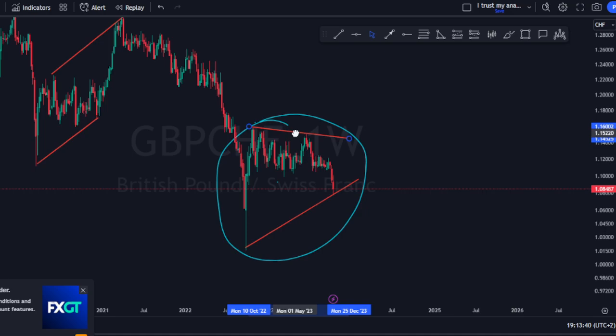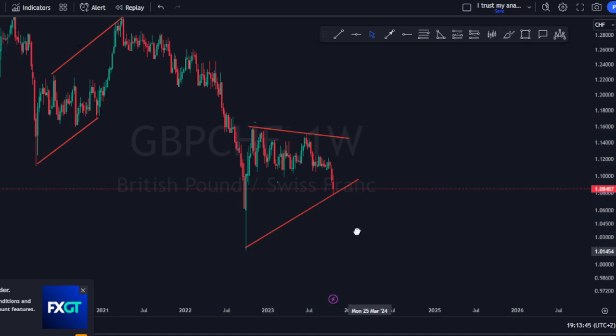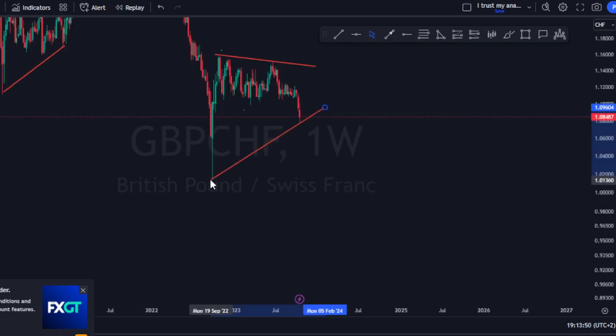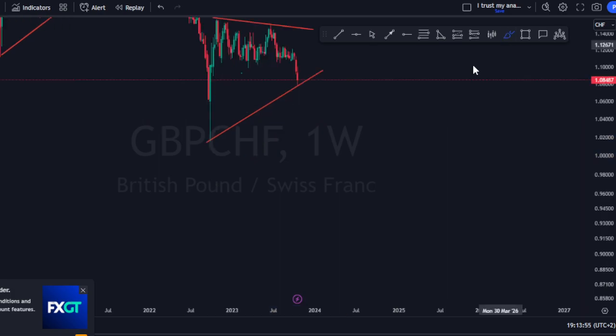So looking at this, we could say that we are waiting for a breakout, and once we do get that, this is what we can expect. And remember, ladies and gentlemen, the reason why I'm doing this on the daily is because on the weekly, sorry, I just wanted you to see price action properly.